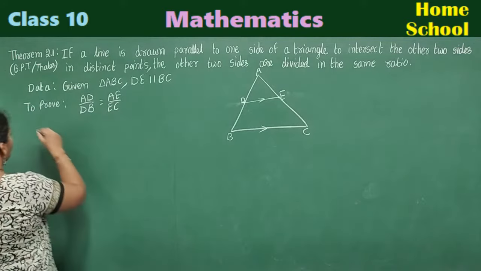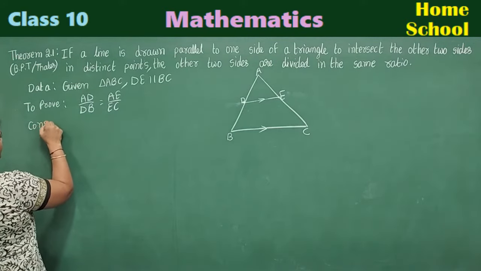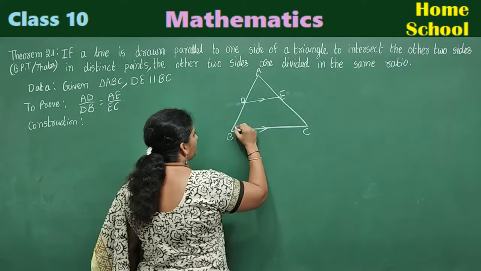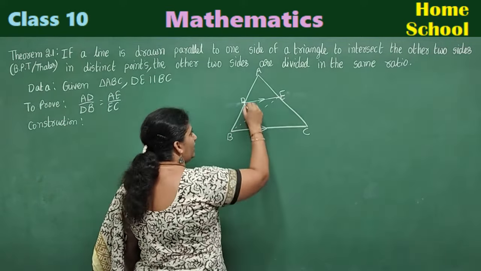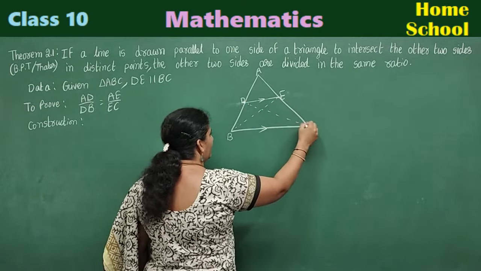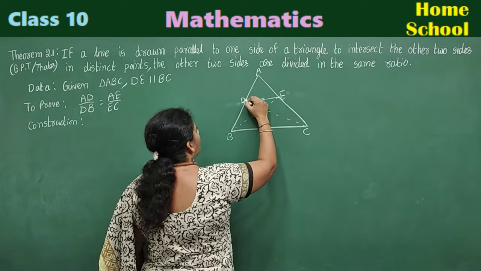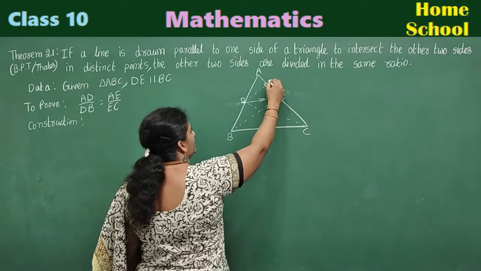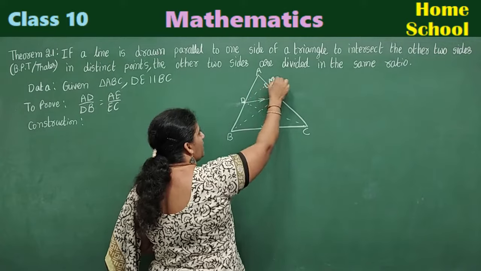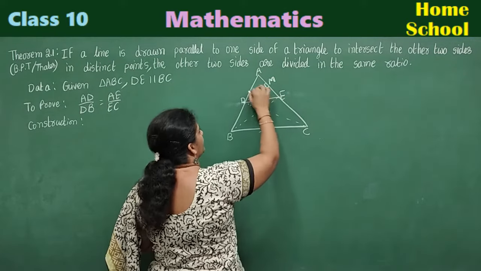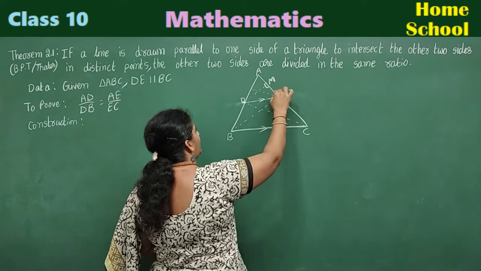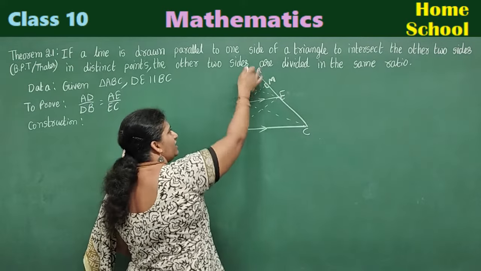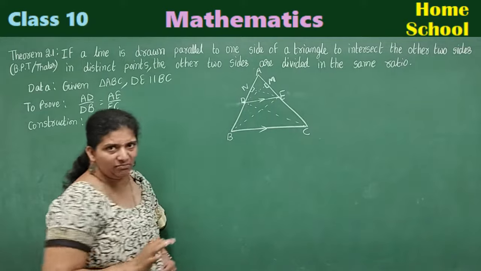Next point, construction. Join BE, join DC, and draw a perpendicular on line AC. Mark it M, DM perpendicular to AC, and draw one more perpendicular from E and mark this as N. EN is perpendicular to AB.